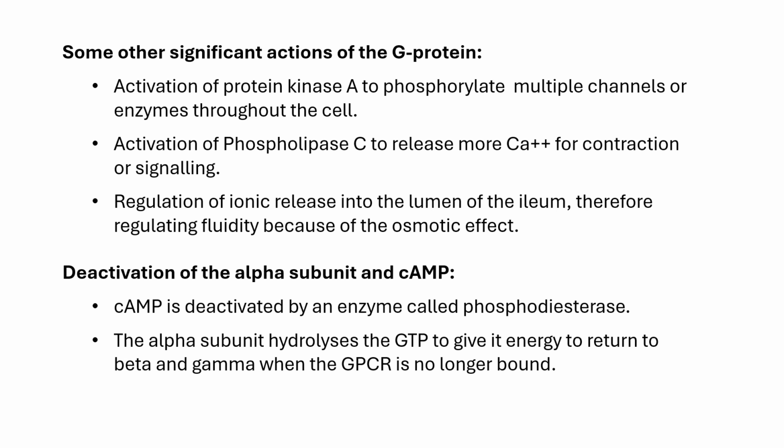It hydrolyzes that, in other words, it breaks the last phosphate bond, and this releases energy. This energy it uses to return to where it left beta and gamma, so that the whole G protein can come back together and hang around until the next ligand binds to its G protein coupled receptor.